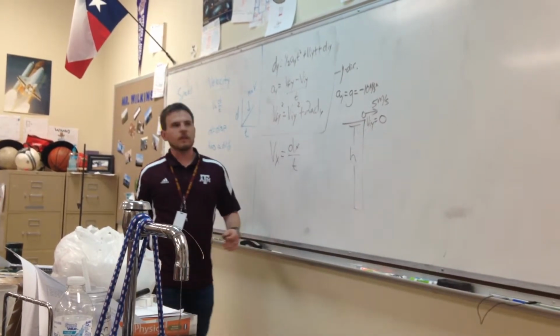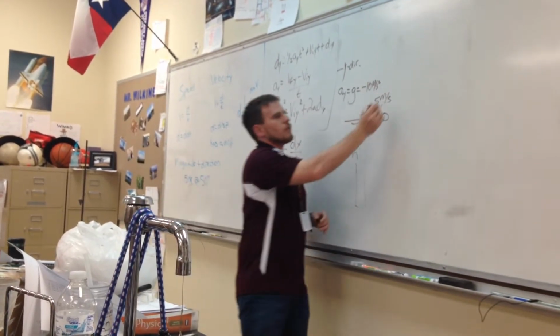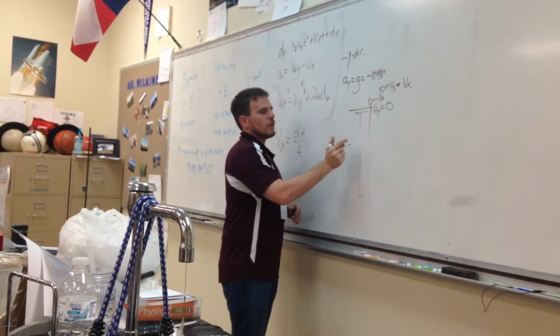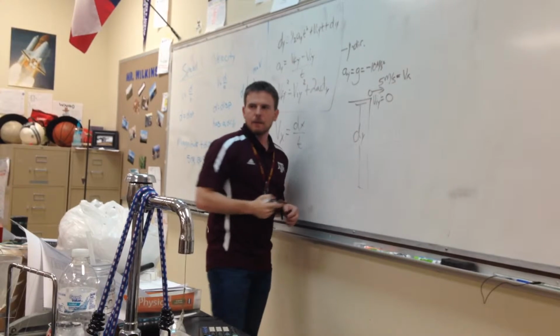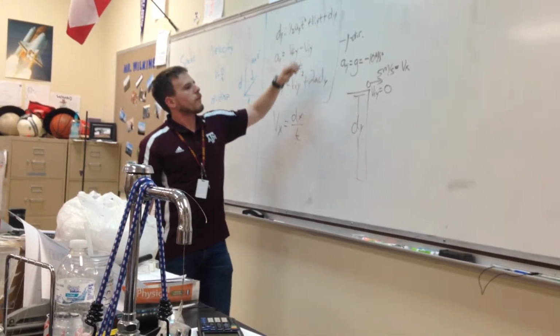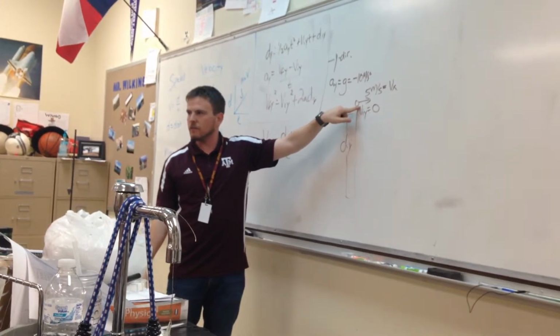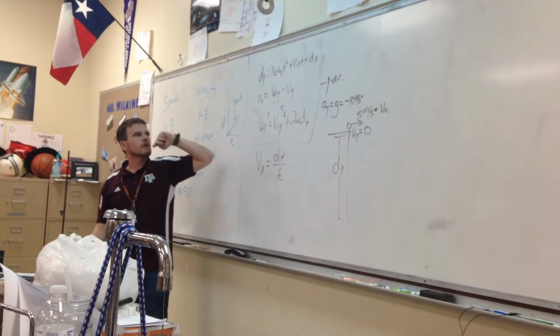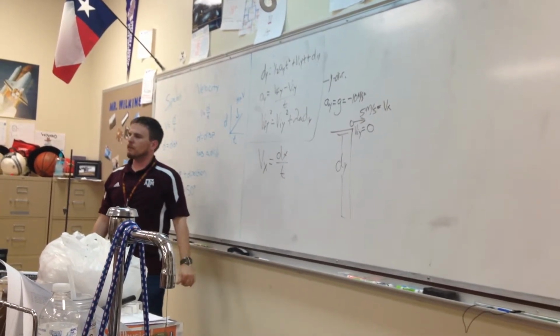And so that's an important thing to note. The 5 meters per second is your velocity in the x, and you can usually use this height to find the time, because you know the initial velocity in the y is 0. Your starting point is here, so that's a 0 point, and then it's going to fall that dy, and so you can usually find the time it takes to fall.